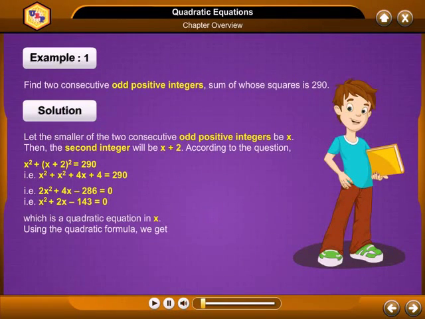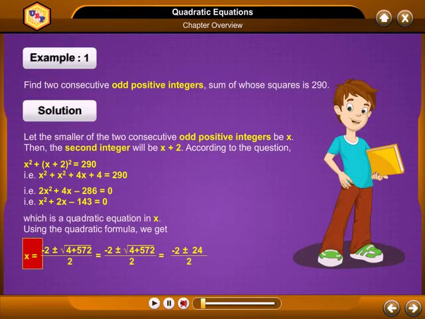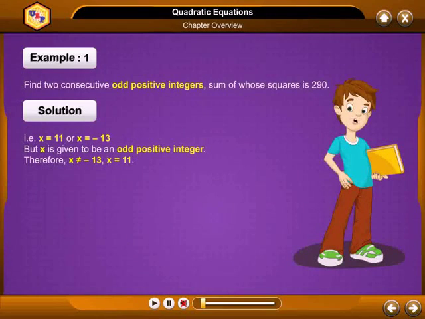Using the quadratic formula, we get x is equal to (minus 2 plus minus square root of 4 plus 572) upon 2, equal to (minus 2 plus minus square root 576) upon 2, equal to (minus 2 plus minus 24) upon 2. That is, x is equal to 11 or x is equal to minus 13.